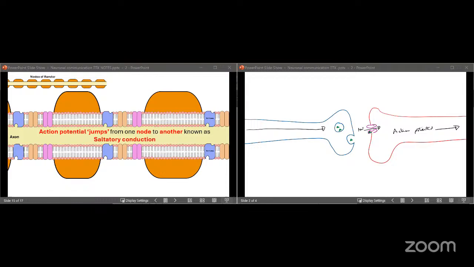Therefore, this will not happen. So there will be no releasing of a neurotransmitter. And if there's no releasing of the neurotransmitter, that will therefore result in no threshold value being reached in the postsynaptic membrane. And therefore, there's no impulses being passed on.